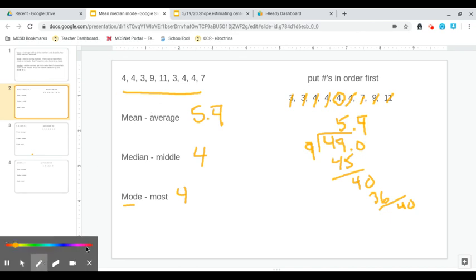So if you mess up and don't put them in order, beginning, end, beginning, end, beginning, end, beginning, end, you would have that in the middle. 11 is not in between these numbers. It's obviously the biggest number there. There's no way that's the middle number. So make sure you put them in order, or you could do something goofy like this.